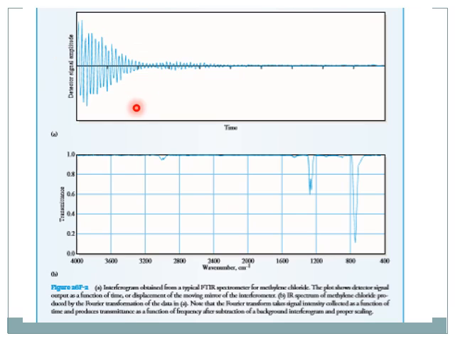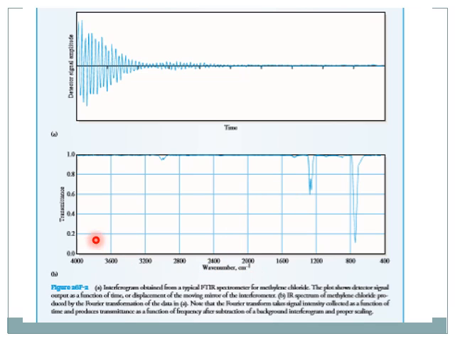So a mathematical operation is performed on this interferogram by use of a computer, and this interferogram is converted into an FTIR spectrum, in which these peaks are obtained, and each peak is for a specific type of functional group. And this whole spectrum is the fingerprint of the molecule. We can get information about the functional groups. We can identify the molecules.